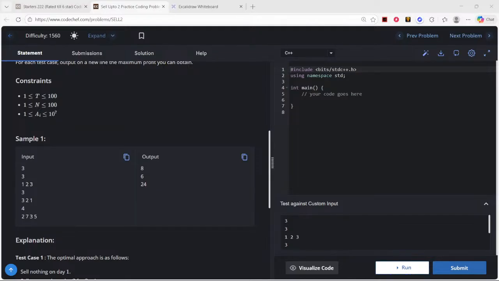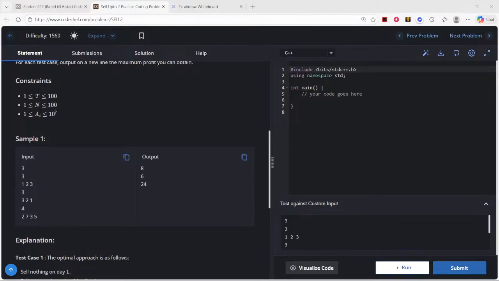So the total number of different states in this DP would be n square, right? And each state depends on only three other states.